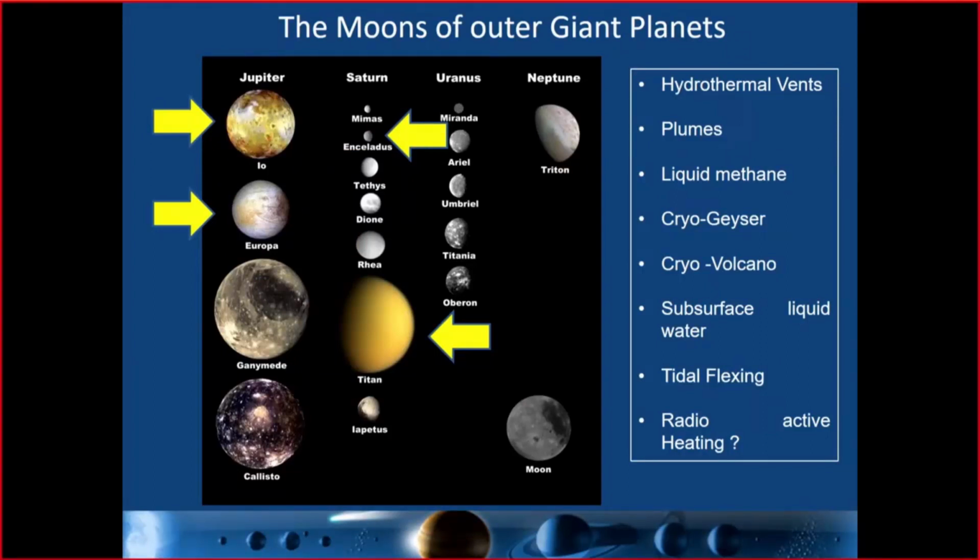I was talking about how, apart from Mars, we have to hunt for life features on other planets also. Jupiter and Saturn, as I said, are some of the locations, but their moons, particularly Io, Europa, Enceladus and Titan. There are a few moons of Jupiter and Saturn. And why do we think life could be there?